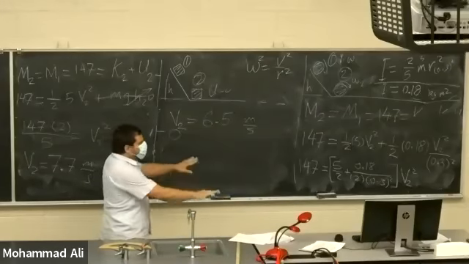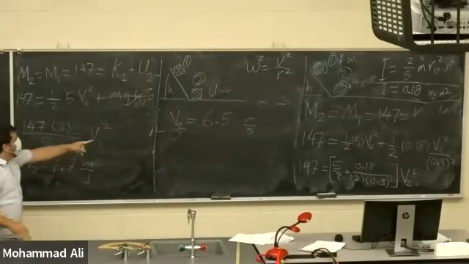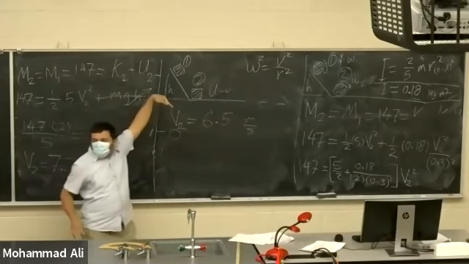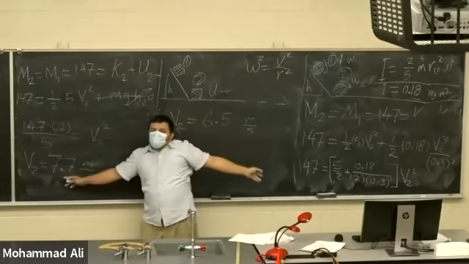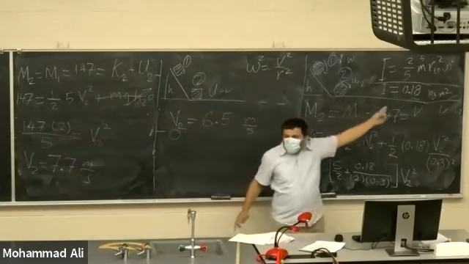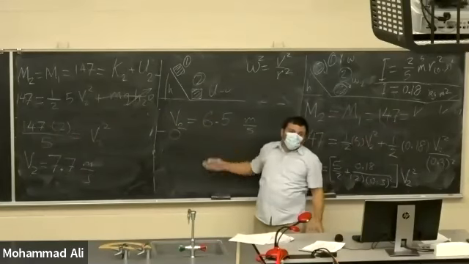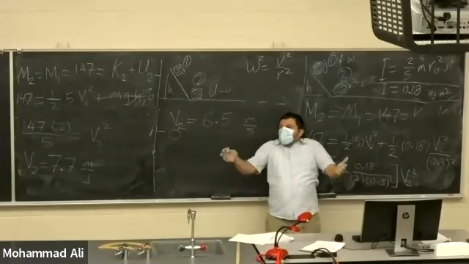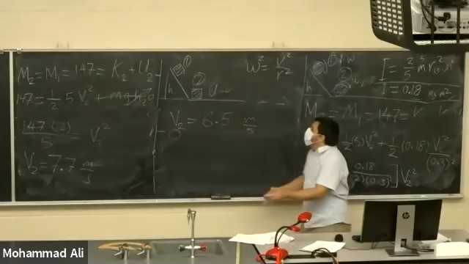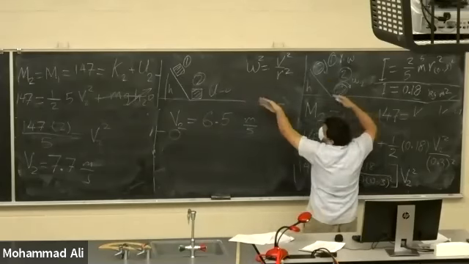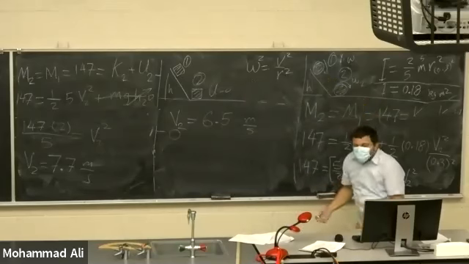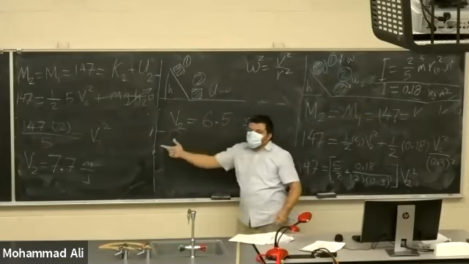We are done, by the way. The velocity for the box is 7.7. The velocity for the ball, the linear velocity, is 6.5. They have the same mass. They have the same initial motion. But there is a difference in velocity.